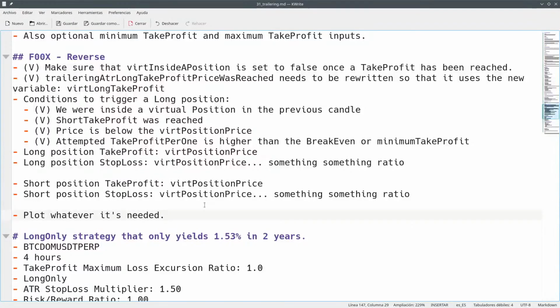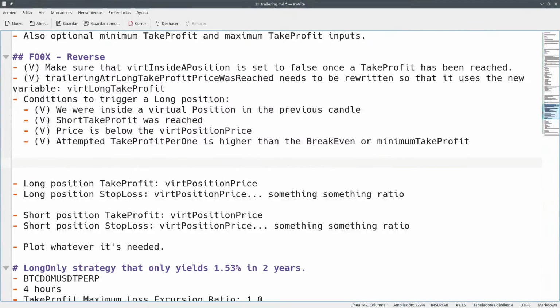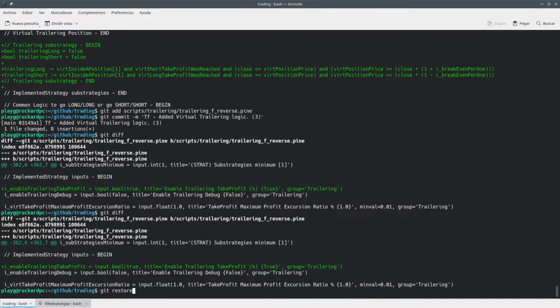Oh wait a moment. So let's implement the excursion part. I thought I had already implemented the excursion part, but it doesn't seem so.